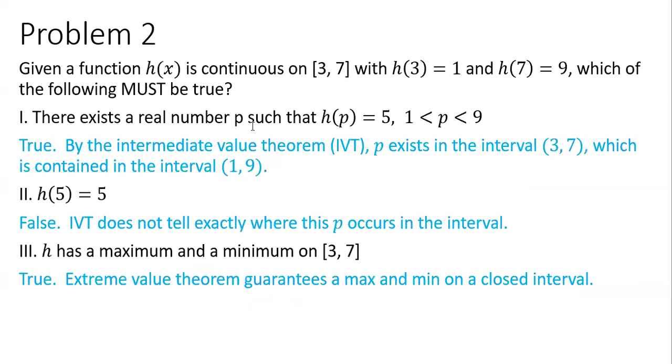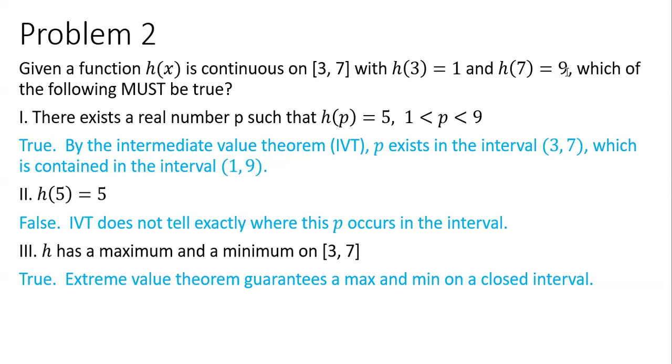There exists a real number p such that h of p is equal to 5. p is between 1 and 9. This is true by the intermediate value theorem. Why? Well, the theorem says that because it's continuous on this interval 3 to 7, h of 3 is 1, the endpoint there, and h of 7, the other endpoint, is 9.